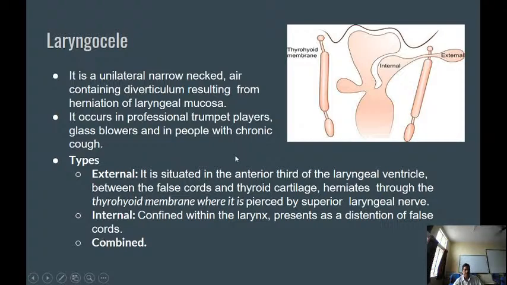So if it is small and not giving any problem, it can be left alone. But if it is causing respiratory obstruction, because internally as the size increases it compresses the laryngeal inlet, you may have to do a surgical procedure to excise this and the external ones.